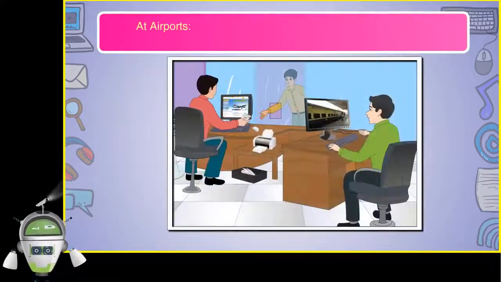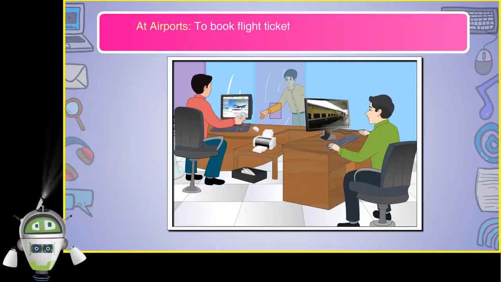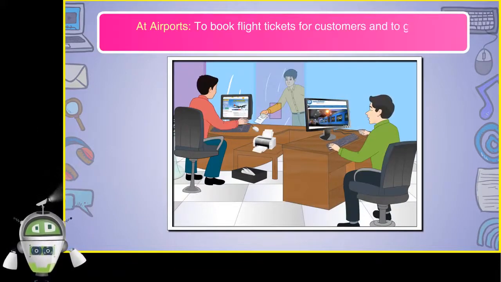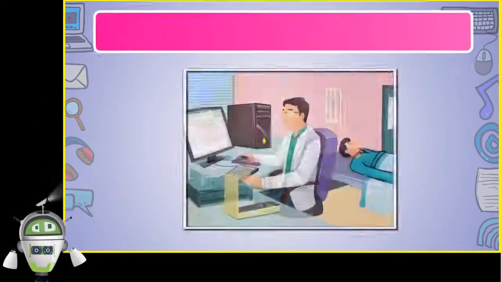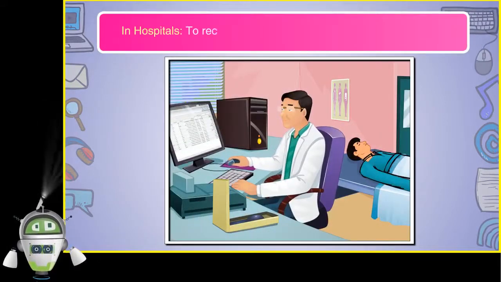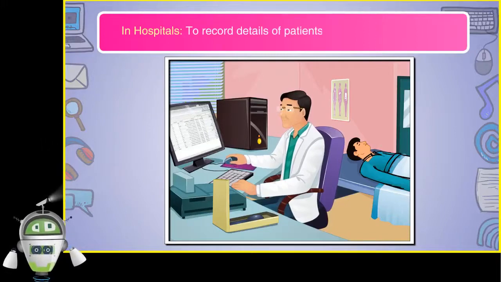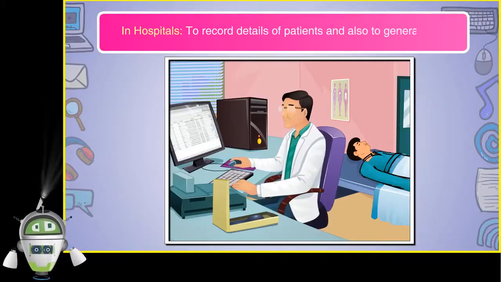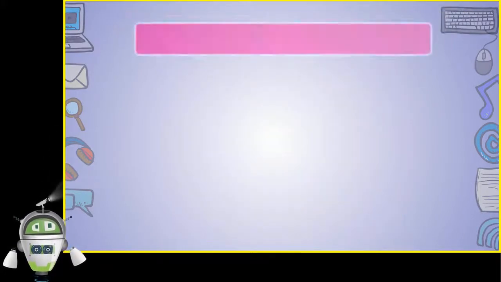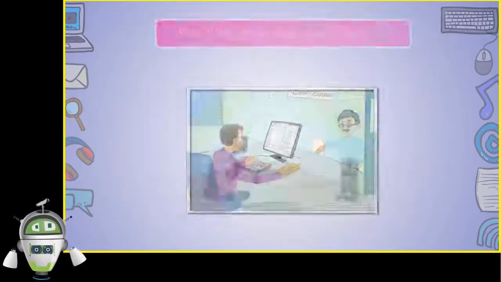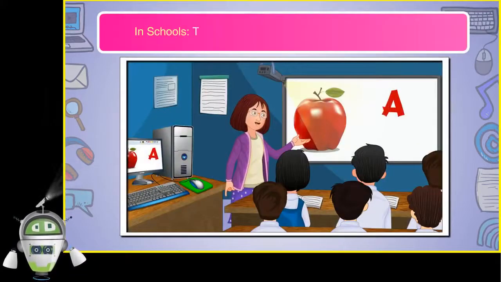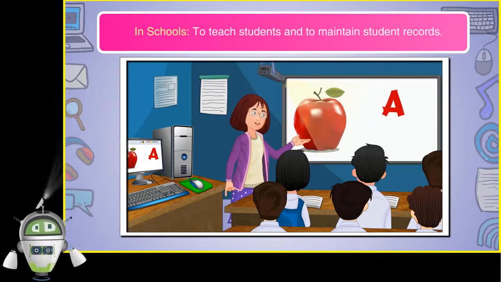At airports, to book flight tickets for customers and to get flight and booking details. In hospitals, to record details of patients and also to generate bills. In banks, to help customers deposit and take out money. In schools, to teach students and to maintain student records.